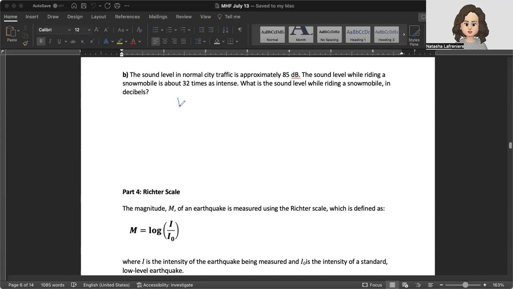Okay, so we don't know what the sound level for the snowmobile is, so we're going to keep that B2. We're comparing it to normal city traffic, which is 85. 10 log, and we said that it's 32 times louder. Okay, so B2 is equal to, we're going to do plus 85 on both sides here.